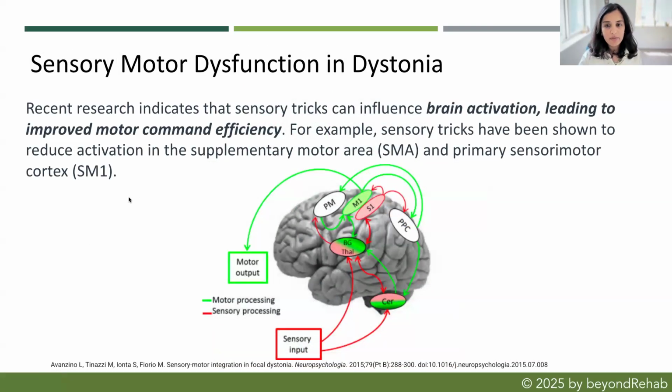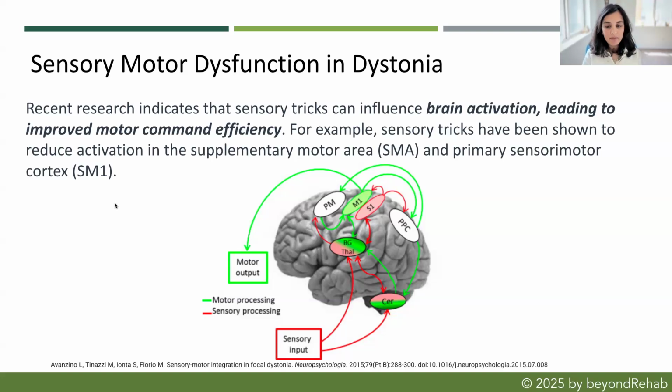Also, we were briefly talking about the sensory trick. There is a lot of evidence indicating that a sensory trick can influence brain activation, leading to improved motor command efficiency.